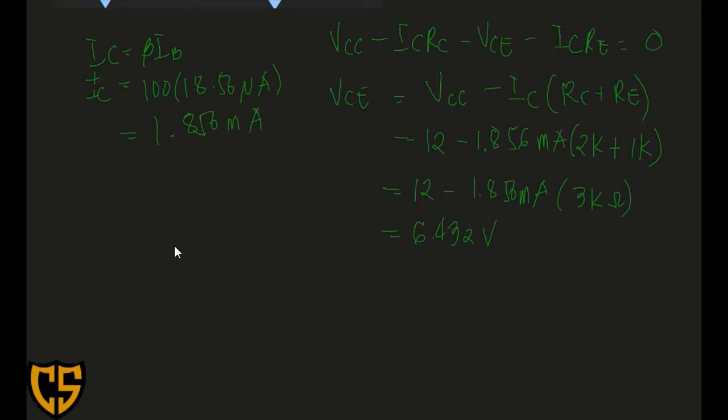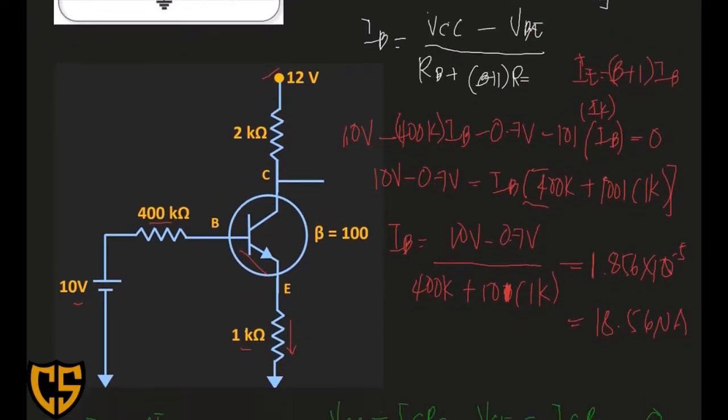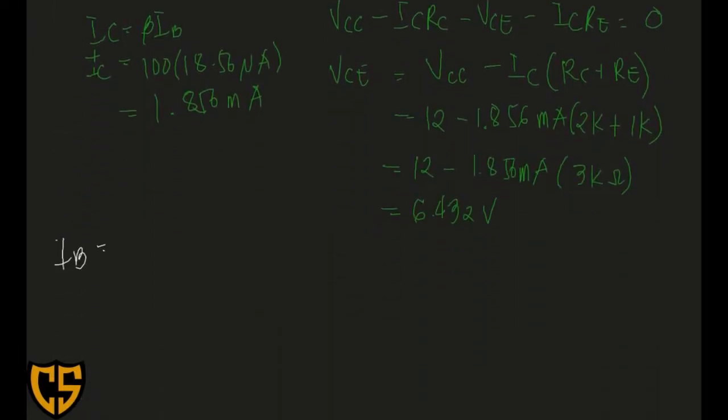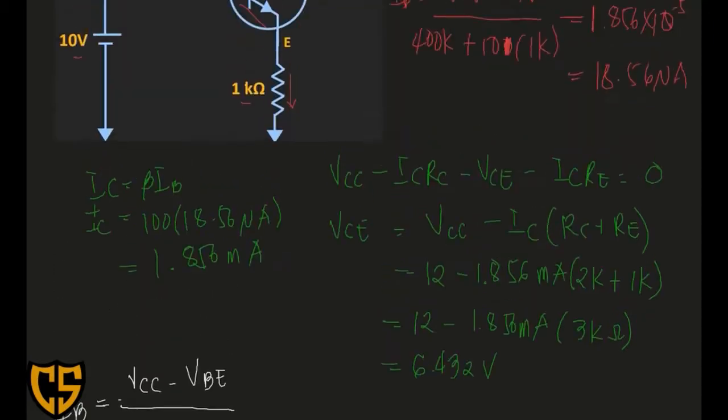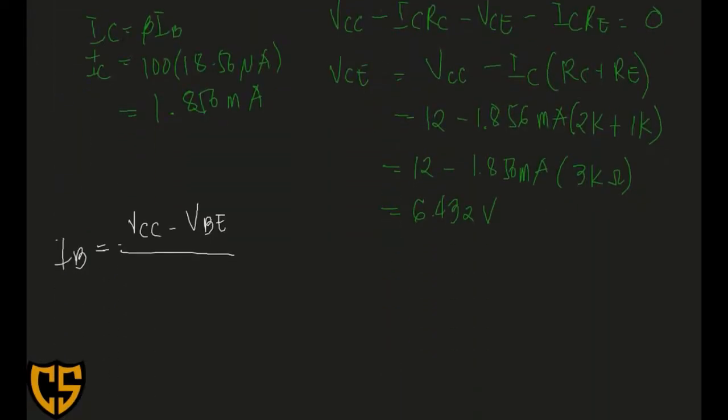IB is equal to VCC minus VBE all over, since there are two values, RB plus beta plus 1 RE.